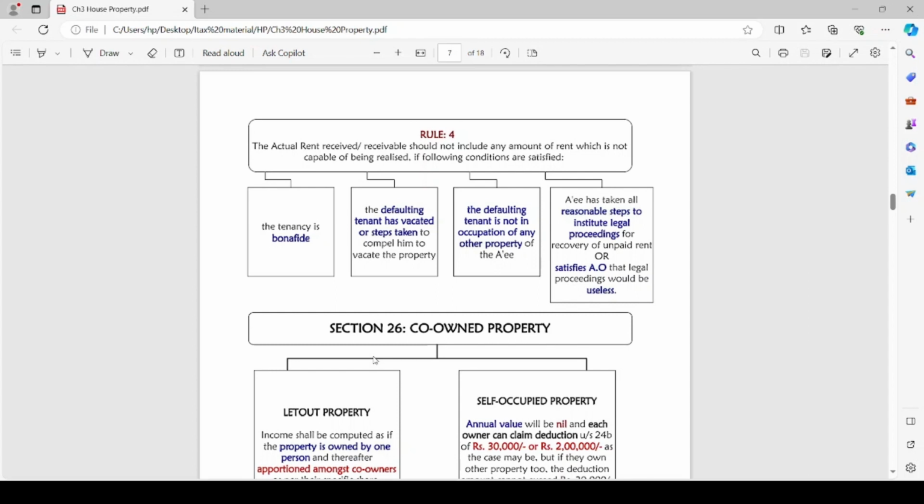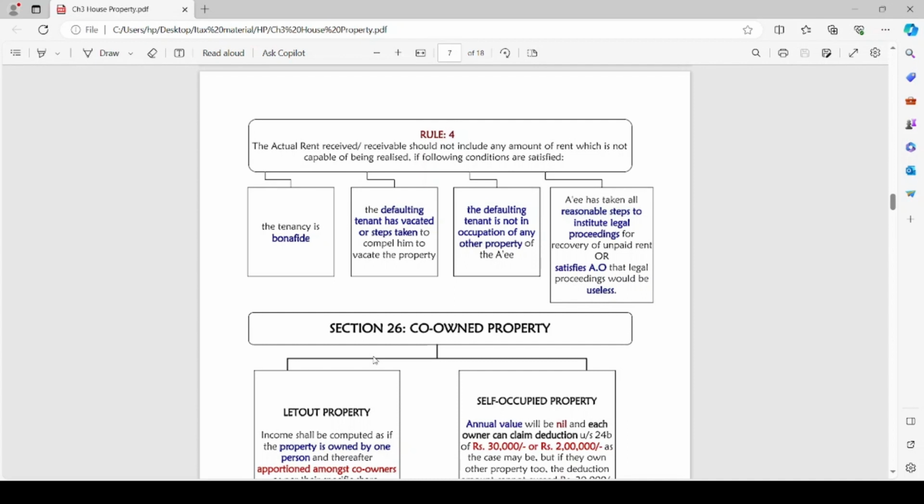If not this house property, there may be some other house property for which the tenant has also taken it for rent. And such defaulting tenant, the one who is not paying rent on time, should not be in occupation of any other property of the same assessee.